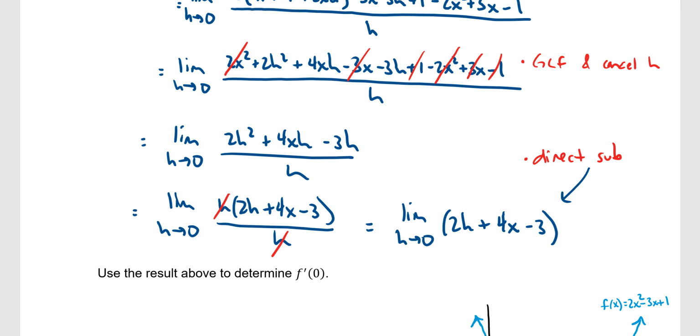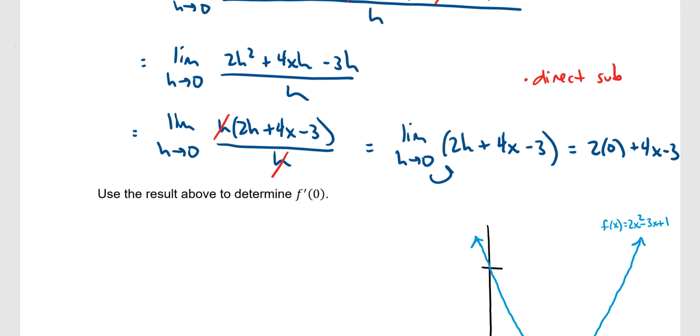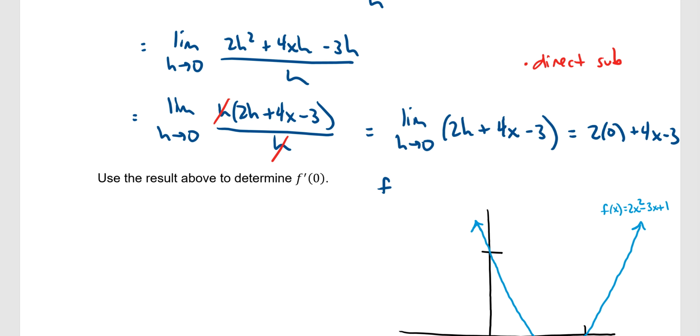And now we do direct substitution. So now we go ahead and plug in our 0. So 2 times 0 plus 4x minus 3. That gives us our derivative function. Put it down here: f prime of x equals 4x minus 3.